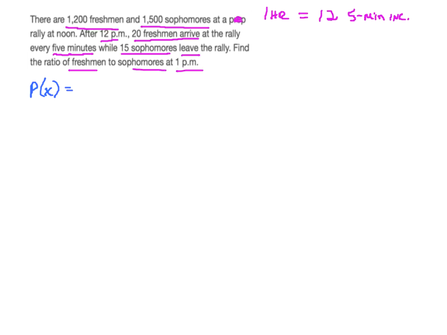Okay, so we want to figure out the pep rally ratio 1 hour later. So my ending function will be P of X. X is going to stand for the number of 5-minute increments.